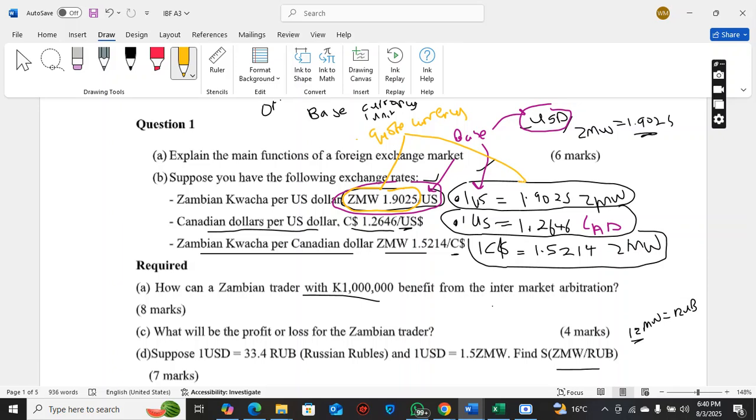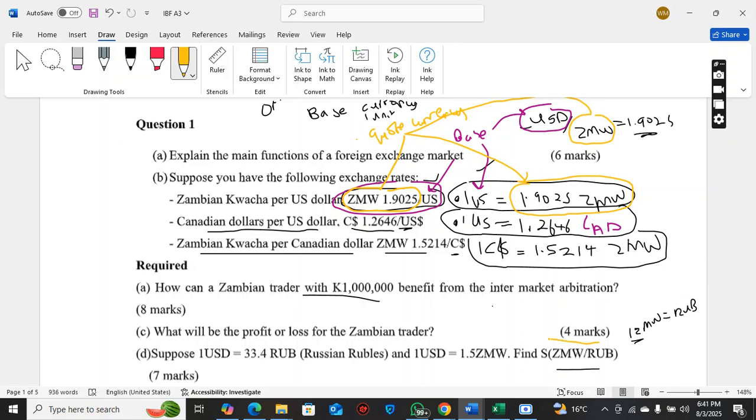Even here, where we say $1 equals 1.9025 Zambian kwacha, that is the quote currency. And also in this third notation, the one which is the denominator is going to be the quote currency.